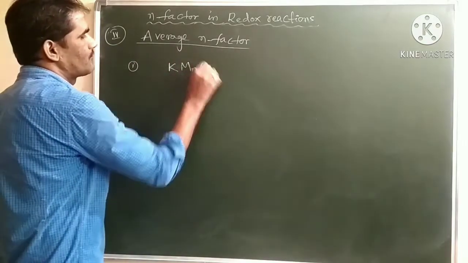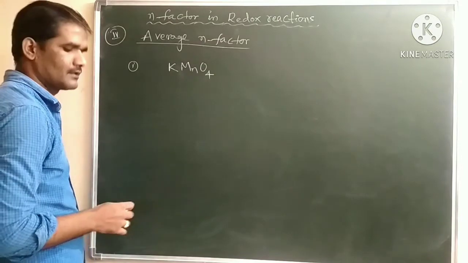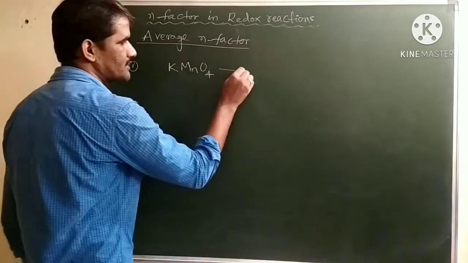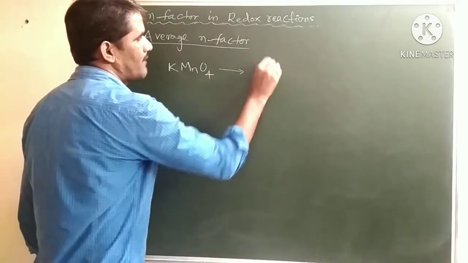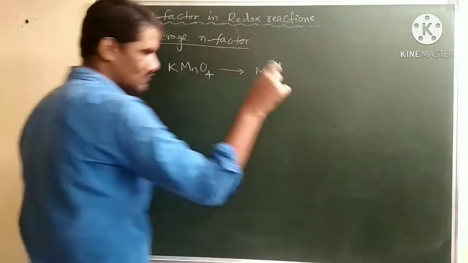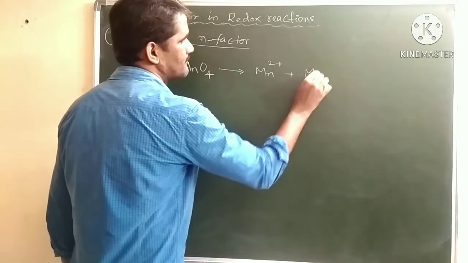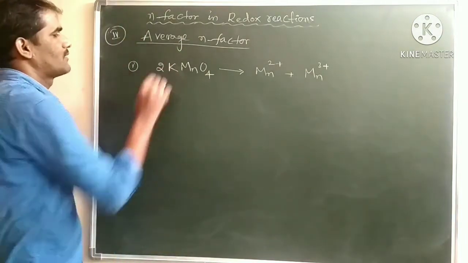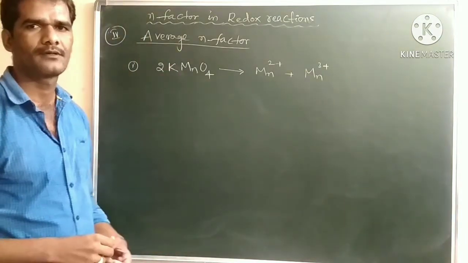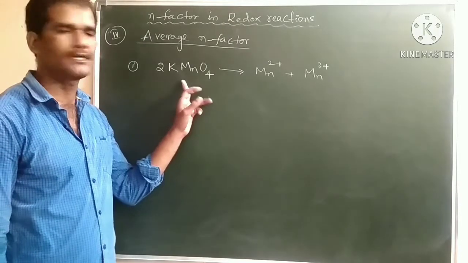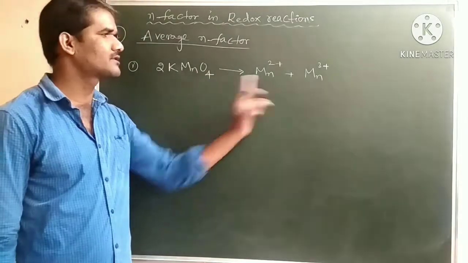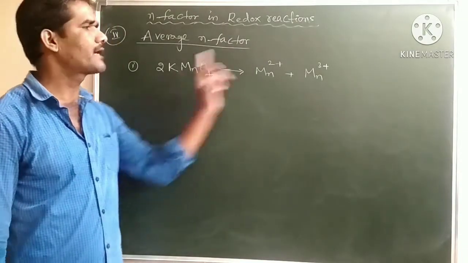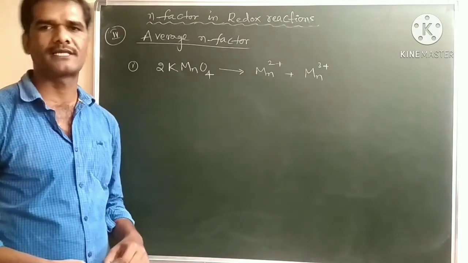Here KMnO4, let us assume, is changing its oxidation state, one to Mn2+ and one to Mn3+. There are two KMnO4. So one manganese changes its oxidation state to +2 and the other manganese to +3.